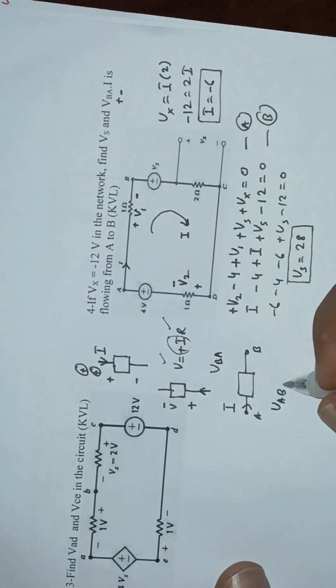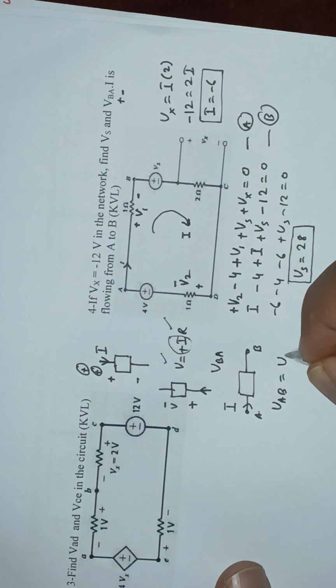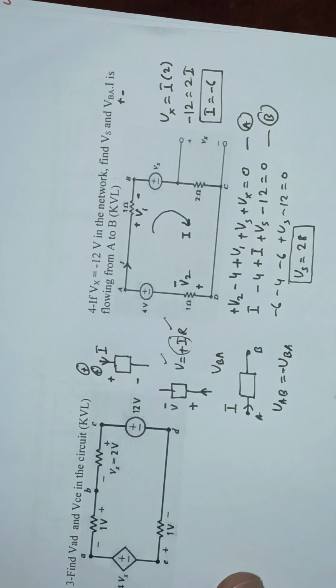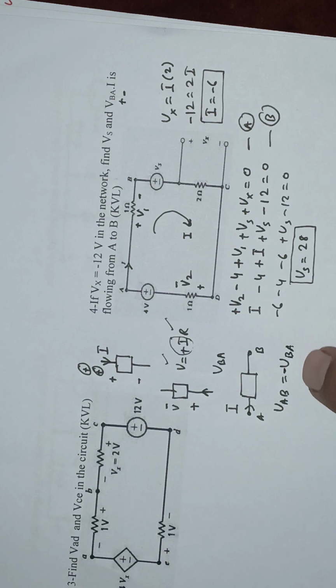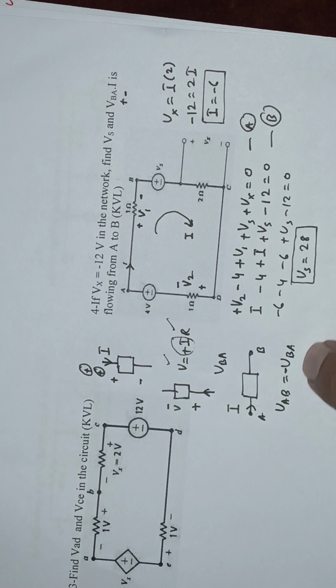And we know the relationship that if we flip the polarity as we have done here, then one of them will have a negative sign. So it means that I can find VAB or VBA, whichever I like, and then I can find the other one.